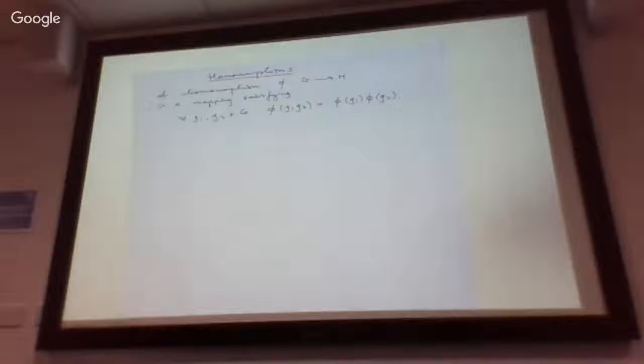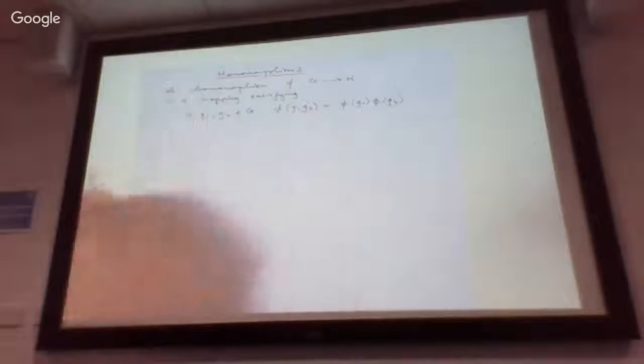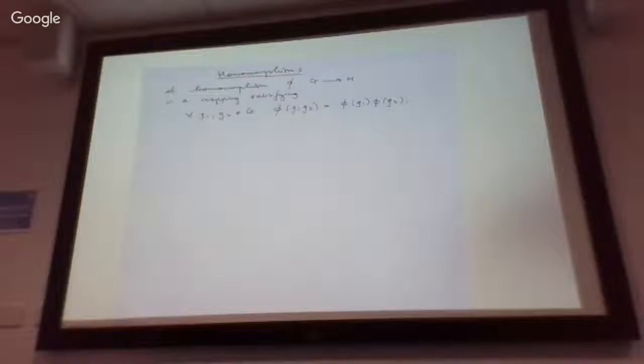This is exactly the definition of an isomorphism, except that for an isomorphism you have just one word put in there. An isomorphism is a bijective mapping, a one-to-one and onto function, satisfying this homomorphism property. Whereas for a homomorphism, there's no restriction like that. The mapping doesn't have to be one-to-one.